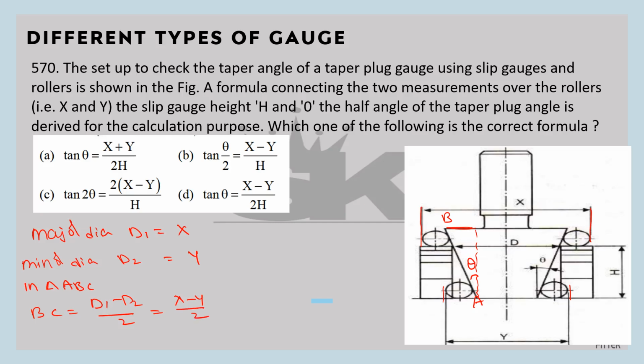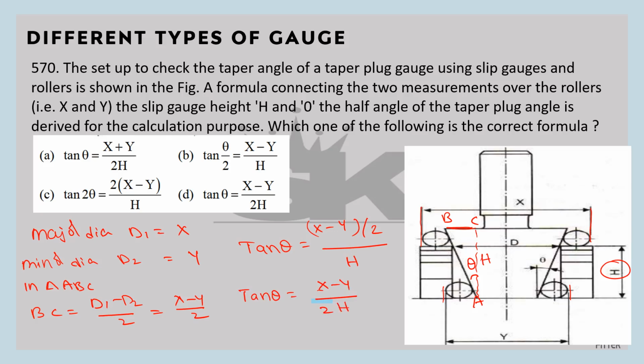Here the height is given, so this is H. Tan theta equals BC by... sorry, here this is C. So tan theta equals (X minus Y) by 2, divided by H. The final formula equals (X minus Y) by 2H.